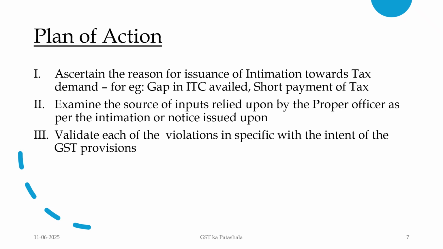So when I have violated, the proper officer has to mention that there is a violation of section 16(2) clause A or AA or clause C. The proper officer in general cannot say that there is a violation of the provisions of section 16, so you pay that input tax. No, it is not accepted. Reason: section 16 has subsection 2, and subsection 2 has further clauses A, B, C, D. So the officer has to make you understand the specific provision you have violated.